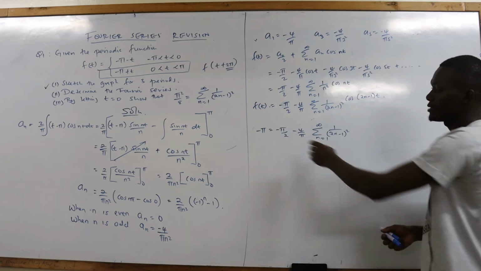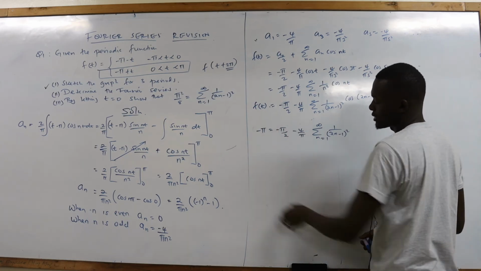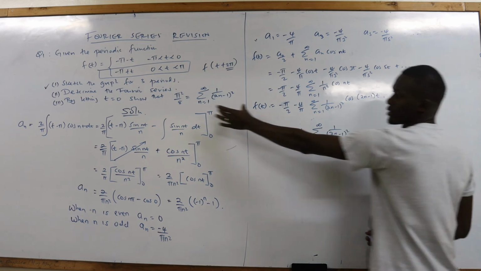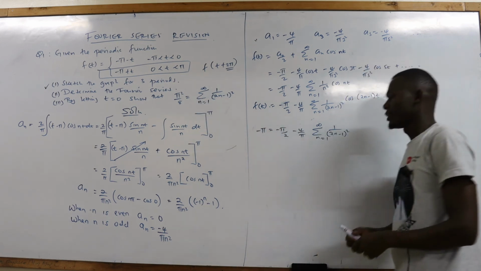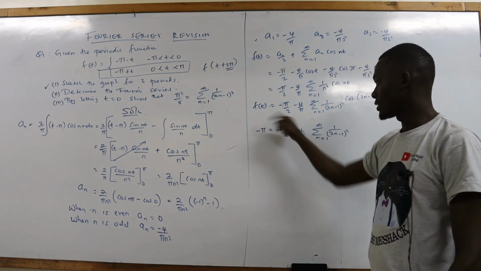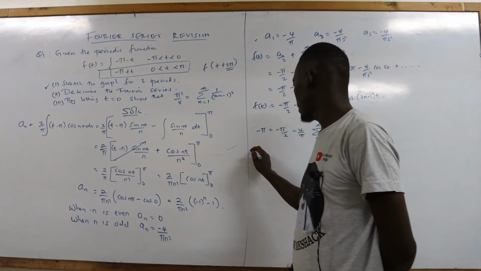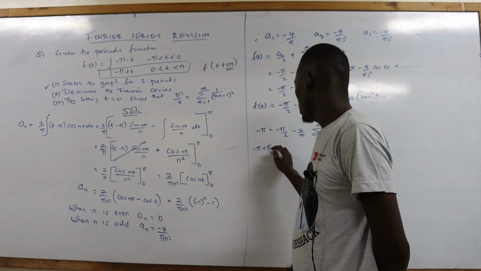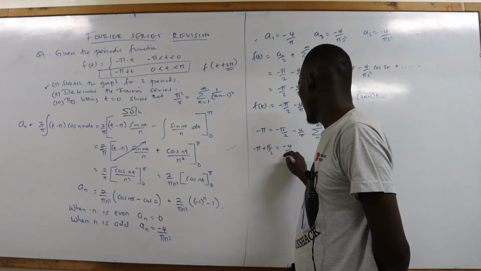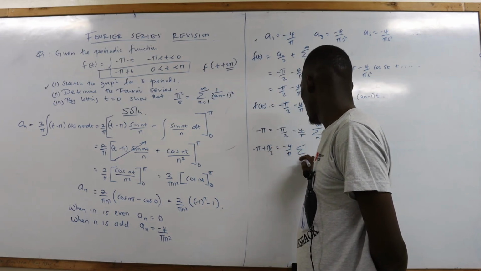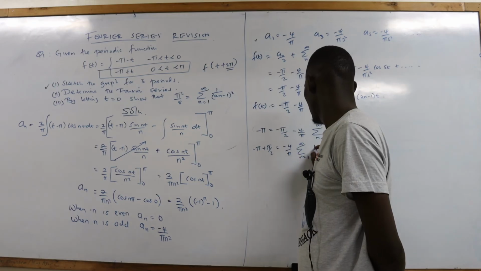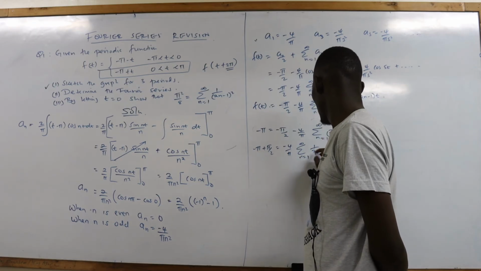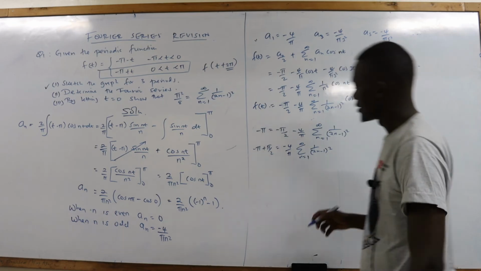Now what remains is for me to take all these values to the other side so that I can remain with this particular value here. So I can start with this constant, I take it to the other side, so I'll have negative pi plus pi over 2 equals negative 4 over pi, summation n equals 1 up to infinity 1 over 2n minus 1, then squared.